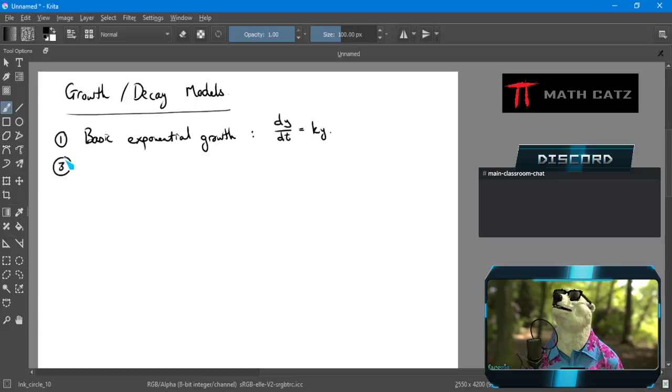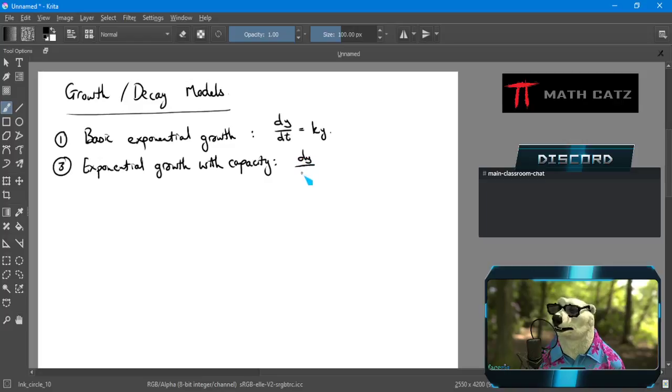Then we said in number 3, we want to have exponential growth of some kind, or let's say proportional growth, but there should be some capacity aspect built in, where if we look at the situation practically and keep track of how things grow out there, after a while the space becomes a limiting factor.